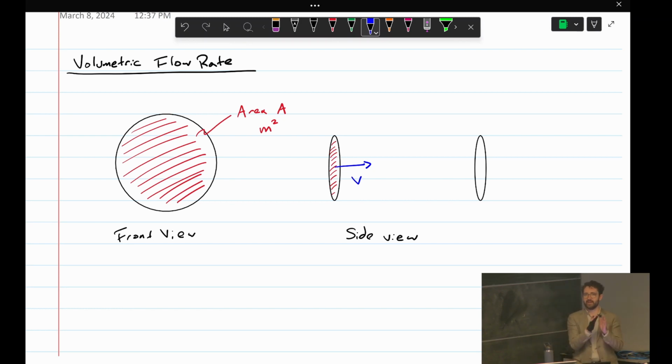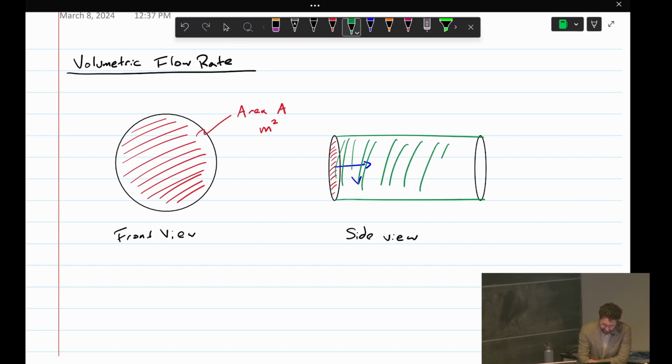When we convect a surface, an area like that, with a certain velocity, we're creating a cylinder, right? A volume. So this is going to be a cylindrical volume. That's capital V with the ticks. That's going to be volume.